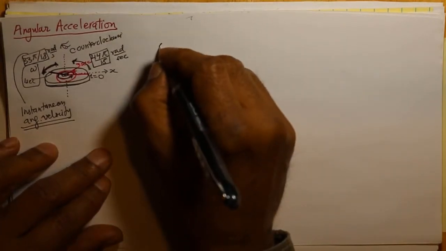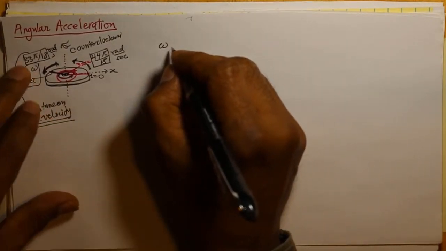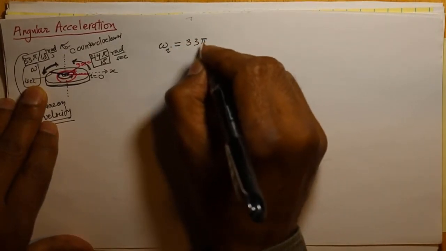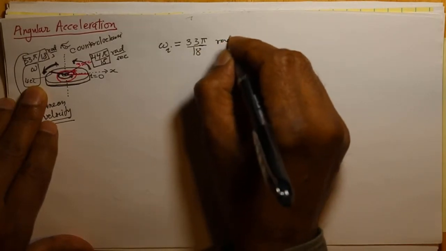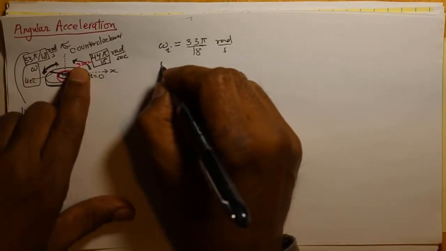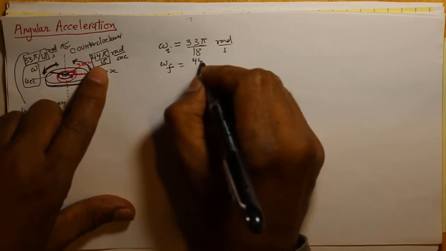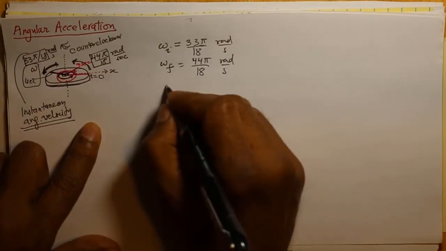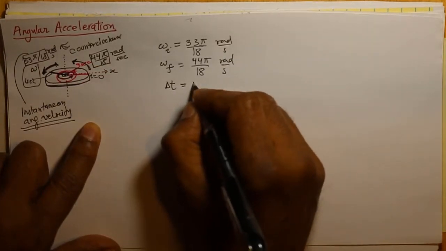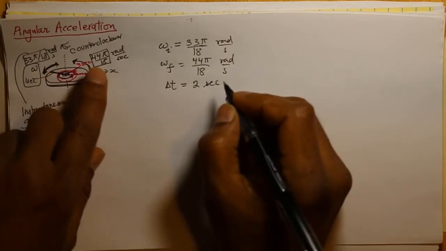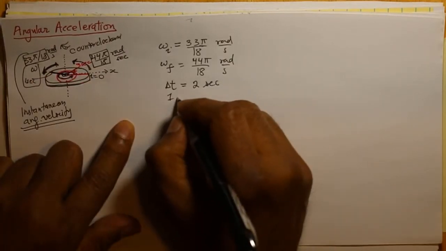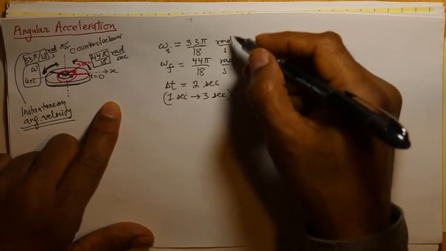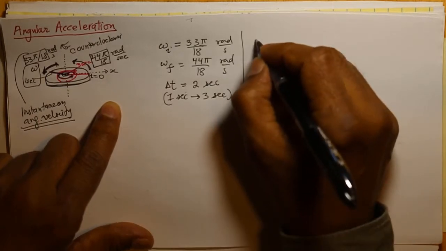So we will say omega initially is 33 pi over 18 radian per second, and omega final is 44 pi over 18 radian per second, and delta t is 2 seconds, 1 second to 3 seconds. So this is an example of angular acceleration.